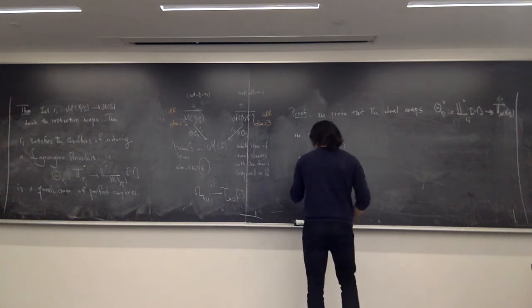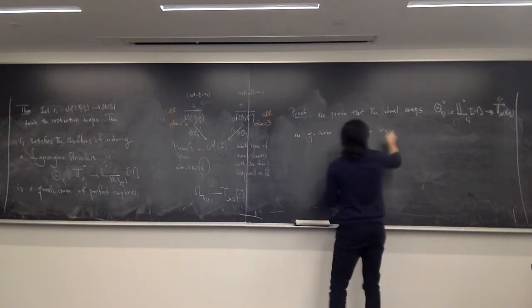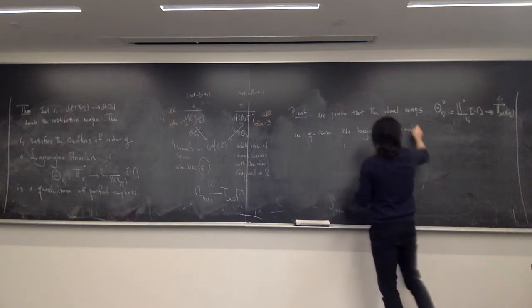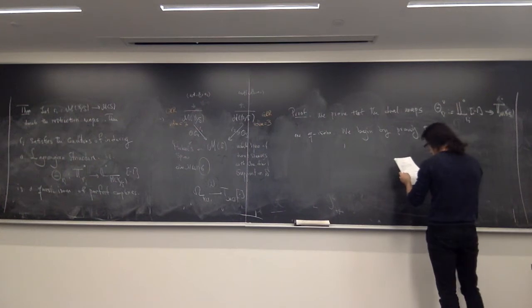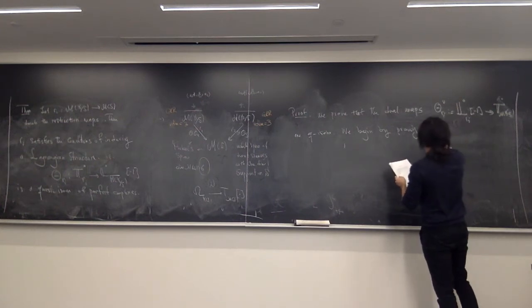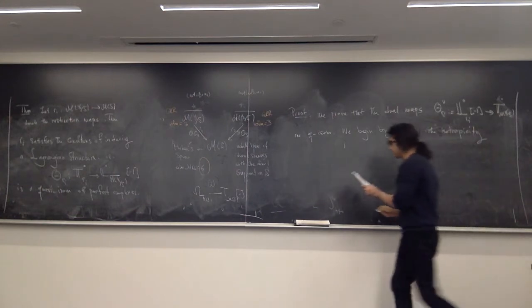And we begin by proving the isotropicity of the morphism Ri.